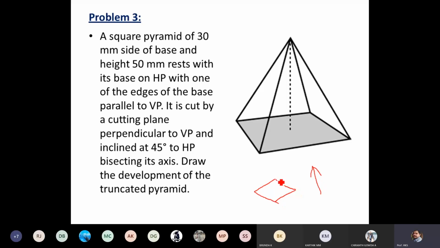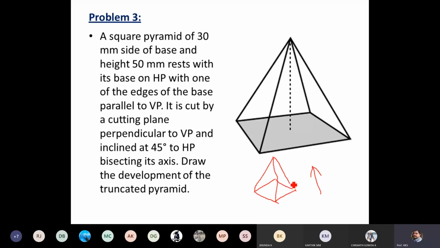This is the base. Now if I keep the same pyramid in this orientation, none of the sides will be parallel to VP. Then all these base edges will make an inclination of 45 degrees with VP.